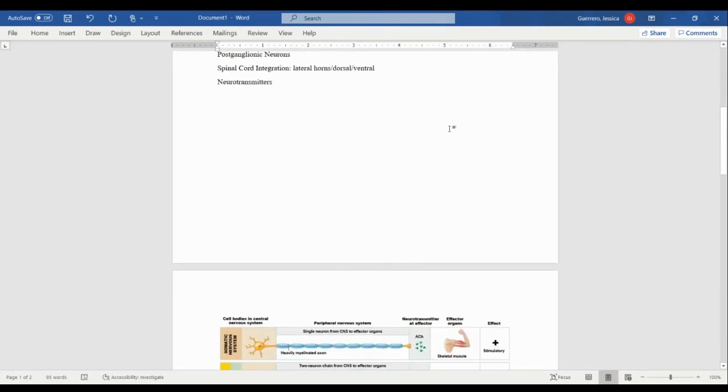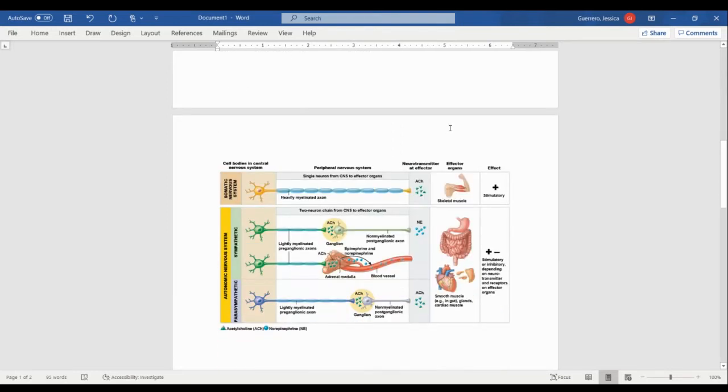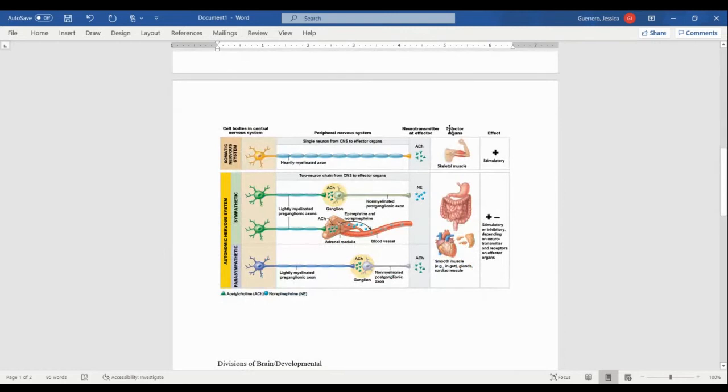All right. Here is the diagram showing preganglionic, postganglionic, the divisions of the nervous system, somatic and autonomic, and the subdivisions of the autonomic nervous system. It's also giving you the neurotransmitters associated with them, and the impact of those neurotransmitters.